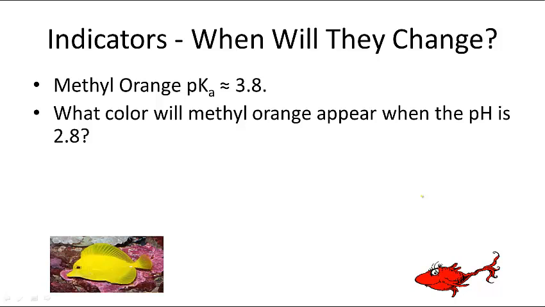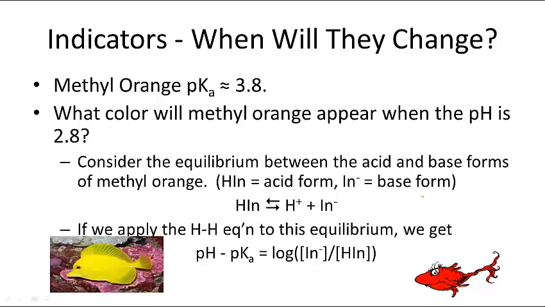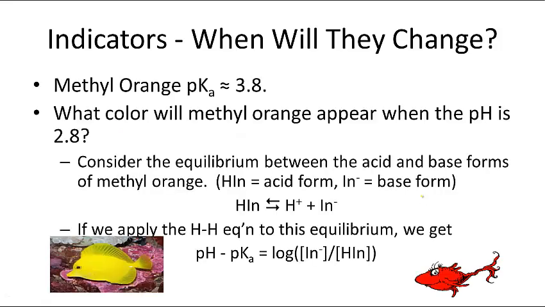Well, here's my equation. We're considering this equilibrium, the indicator and its conjugate base. Apply the Henderson-Hasselbalch equation. I just moved the pKa to the other side, so pH minus pKa equals the log of that ratio.